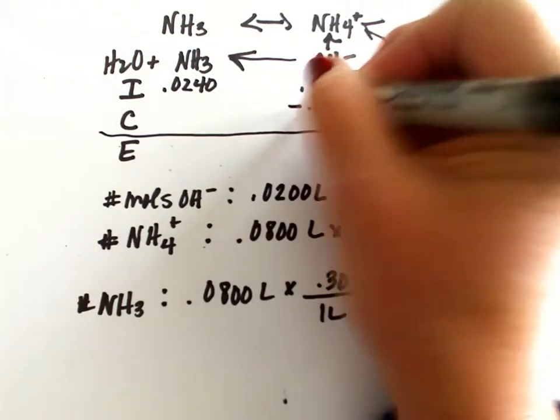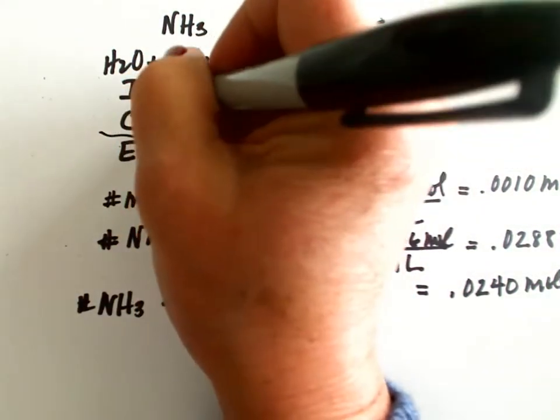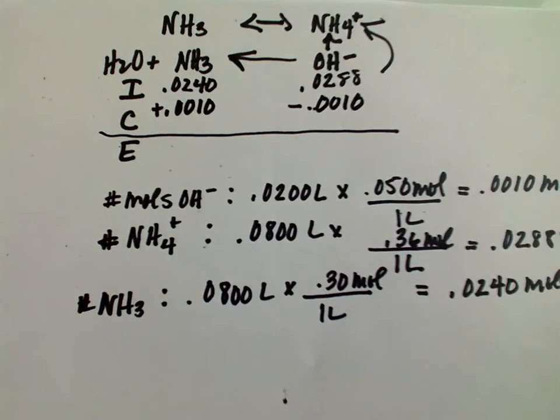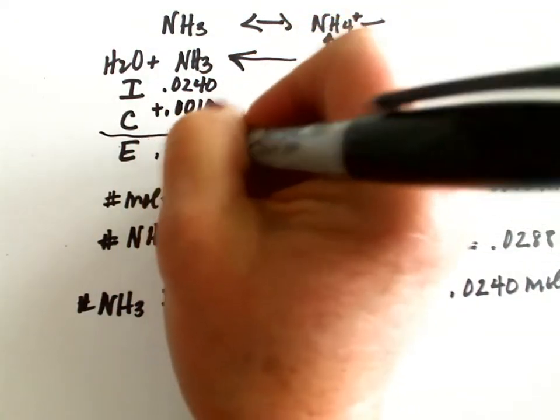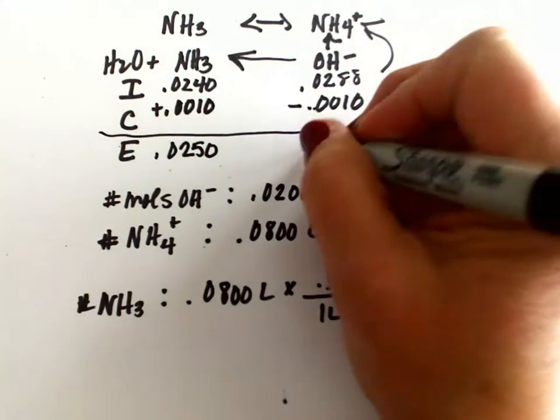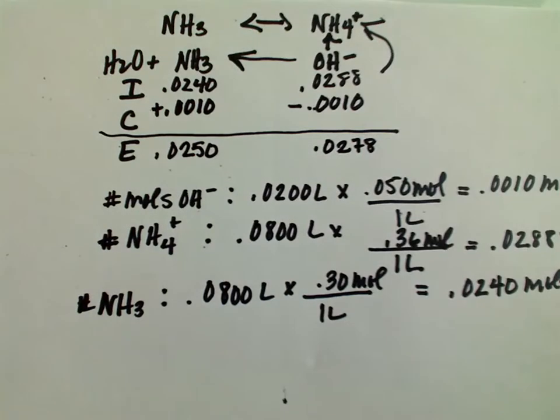So that means that we're going to use up 0.0010 moles of that weak acid in the neutralization, and we're going to gain 0.0010 moles of ammonia. So doing that math, we end up with 0.025 moles of ammonia and 0.0278 moles of ammonium ion.